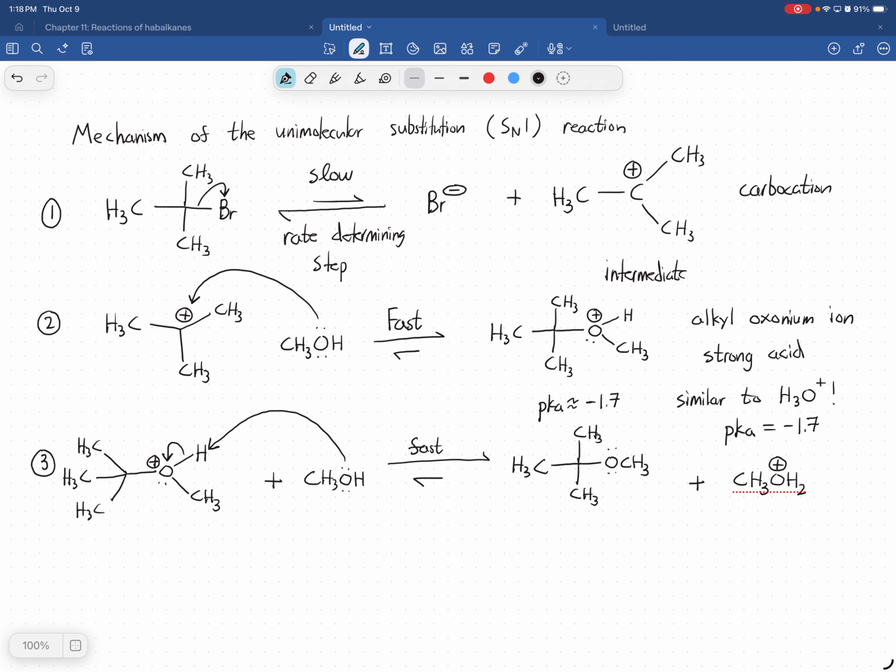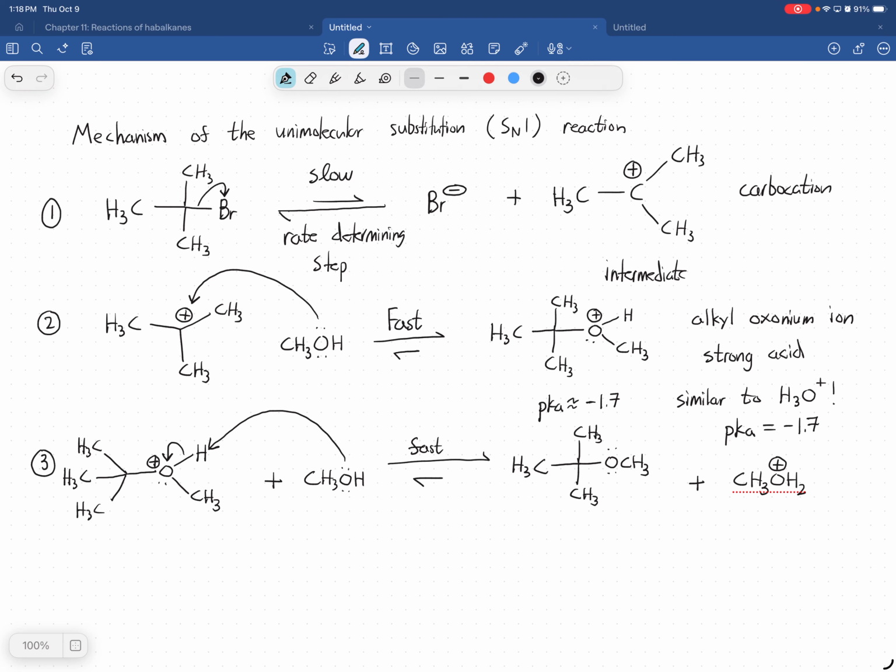Okay? So the biggest hurdle here is finding the carbocation and making that one, right? So that's the slowest step, because that intermediate is not very stable.